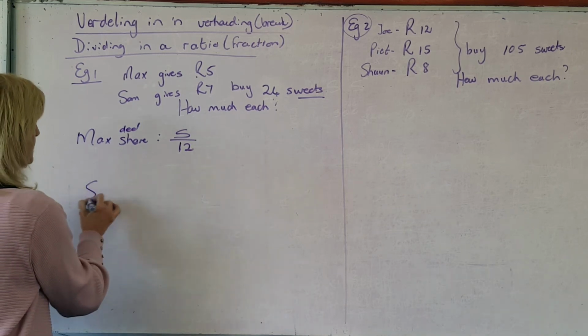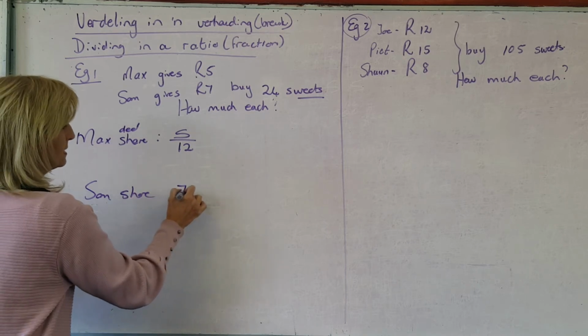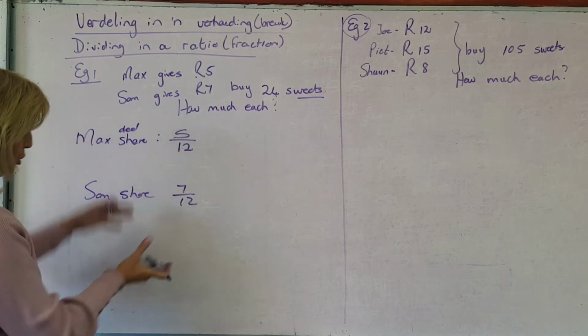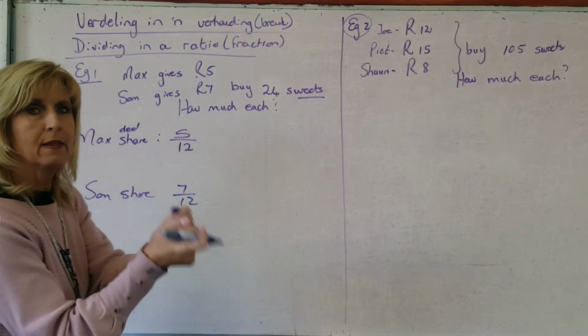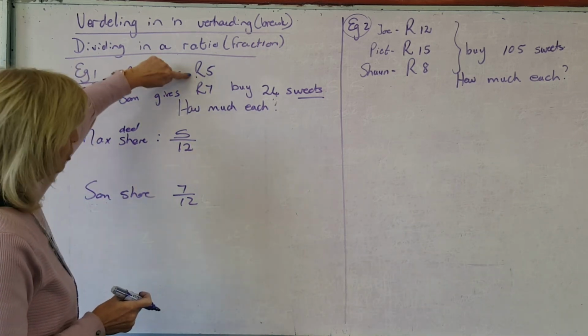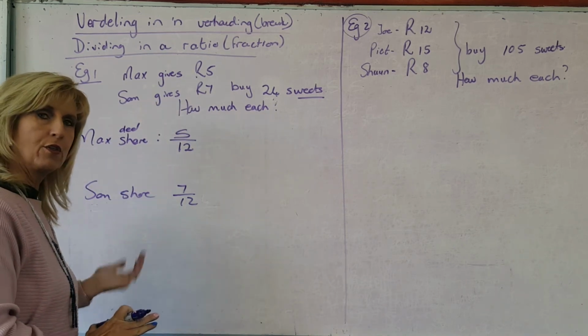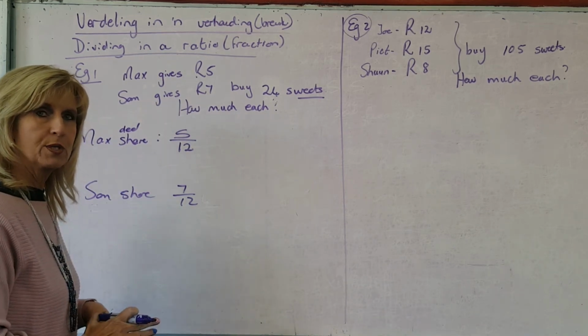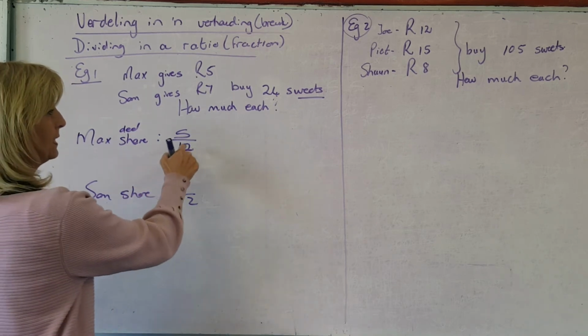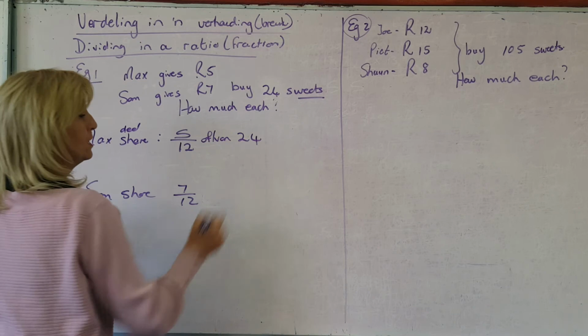So obviously Sam, his share sal wees 7/12, which makes up the whole pot, the money that I took to get the sweets. So it's 5 out of 12 and 7 out of 12, which you don't have to both work out, because if you know the one answer, obviously what's left of the sweets is the other guy's. But that is the amount of, or van, die 24 sweeties.